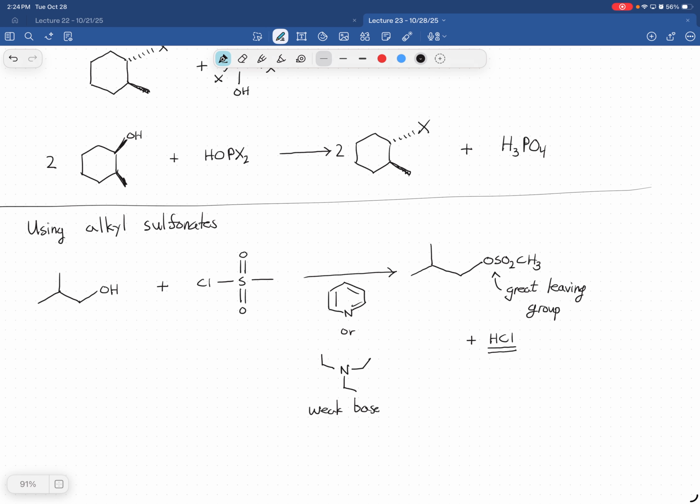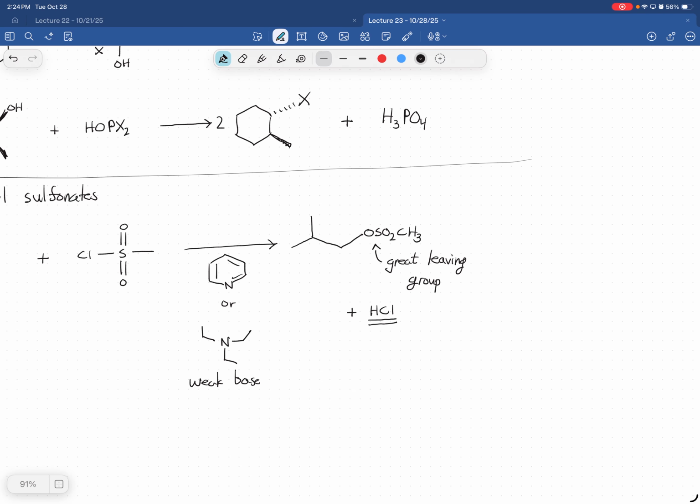And the HCl here will get mopped up by the pyridine, so you don't have to worry about it being a problem. So this HCl becomes pyridine HCl, like we saw before with pyridine as the base.